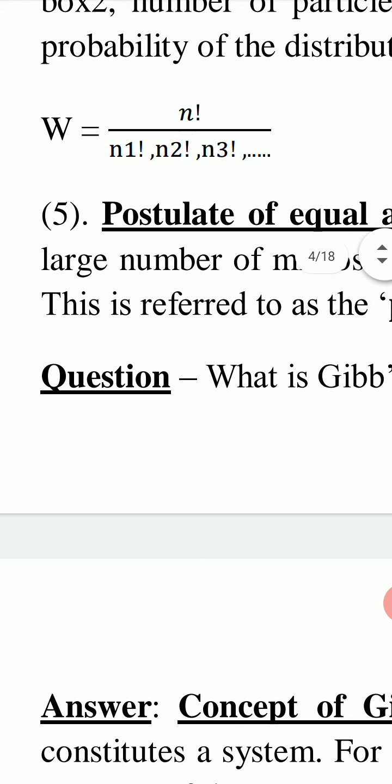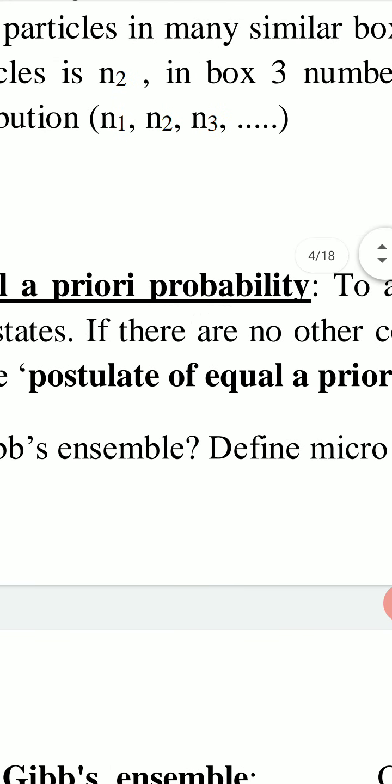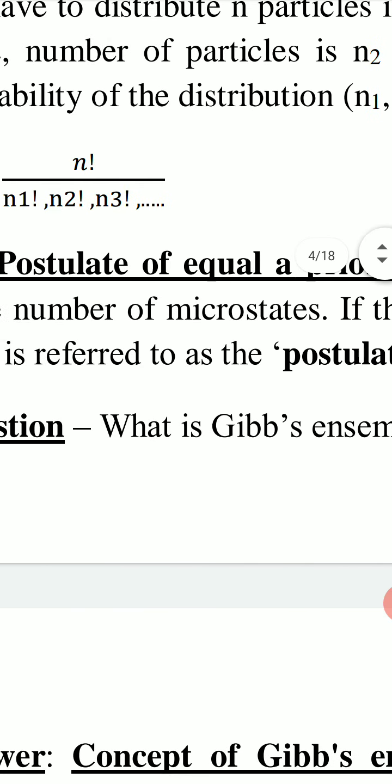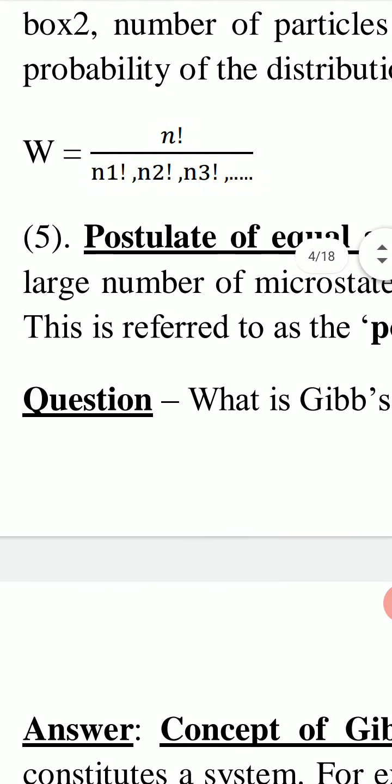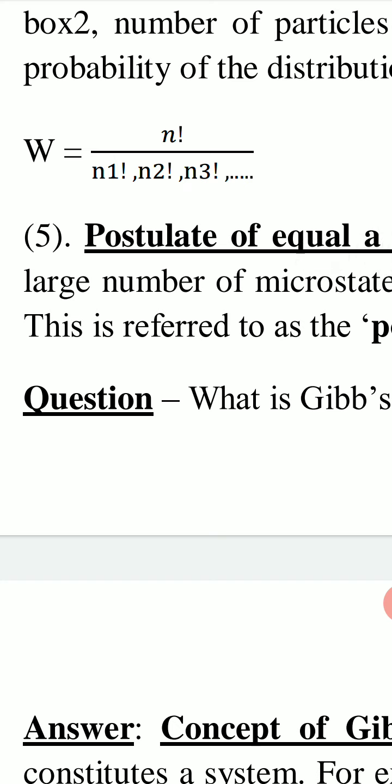So for this distribution n1, n2, n3, it means that in box 1 the number of particles is n1, in box 2 the number of particles is n2 and so on. Then the number of microstates, which is thermodynamic probability W, is given by factorial n upon factorial n1 into factorial n2 into factorial n3.